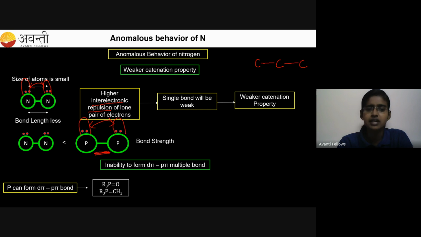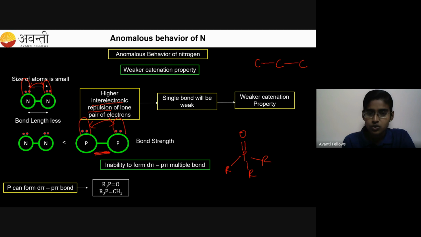You can see here, phosphorus is having 5 bonds around it. There is a P double bond, and 3 single bonds with alkyl groups. Here the double bond is formed because of the empty d orbital which is there in phosphorus. But this kind of bonding is not possible for nitrogen because it doesn't have a d orbital.